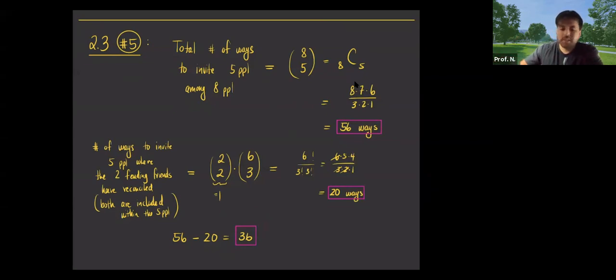And then you also have to consider the fact that none of them are invited, because that's fine, even if they were feuding or not feuding, right? Isn't that part of selecting 5 people? Those 2 friends don't have to be included in the number that I'm looking for. I'm just looking for the total number of ways of having people where 2 of them can't be in the same group. But actually, those 2 people don't have to be invited. So that would be 6 choose 5, which is 6 ways. So this number, 36, is the correct answer for that.